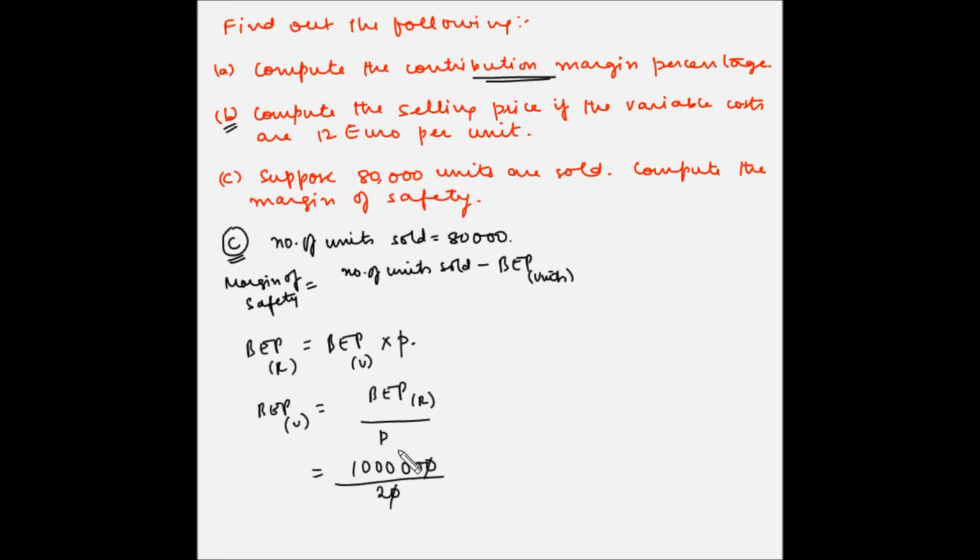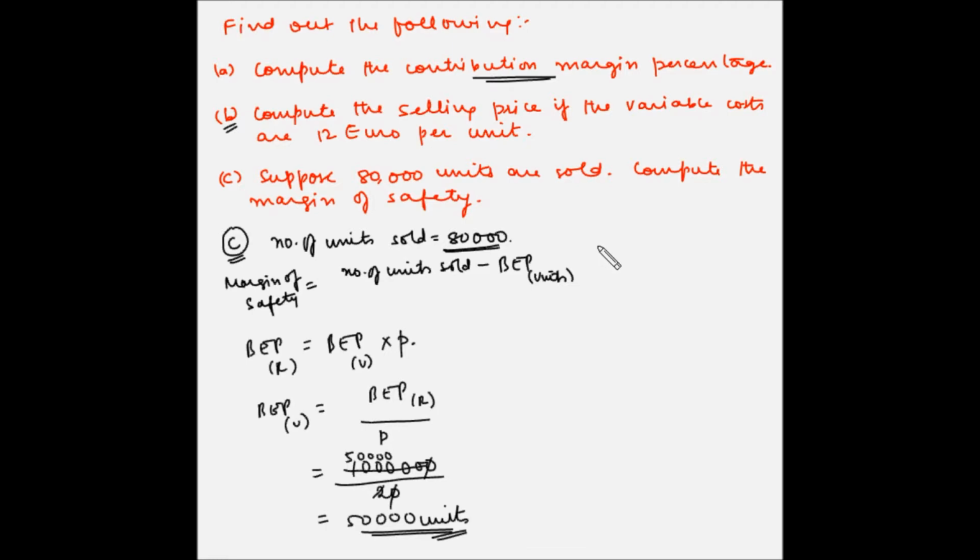So 0 gets cancelled with 0. 2 5s are 10, and then these 4 zeros. So this is equal to 50,000 units. So here we know the number of units sold, which is 80,000, and we know the number of units at the break-even point.